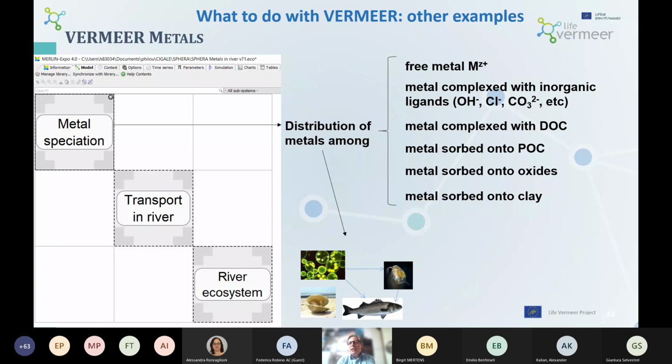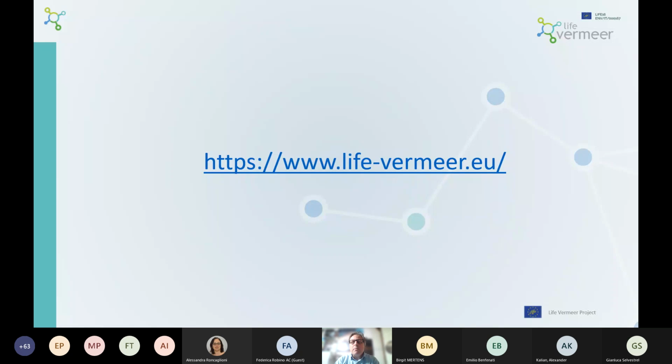And this metal speciation model can be combined with a river ecosystem model, combining phytoplankton, invertebrates, and fish. So this is an overview of some VERMEER tools that are now available on the website. Thank you for your attention.